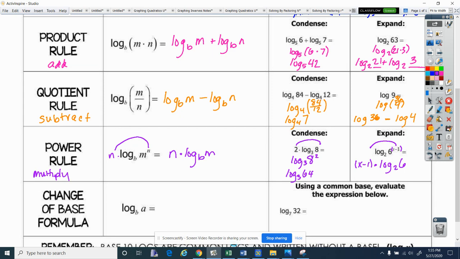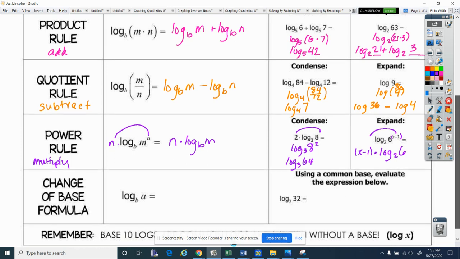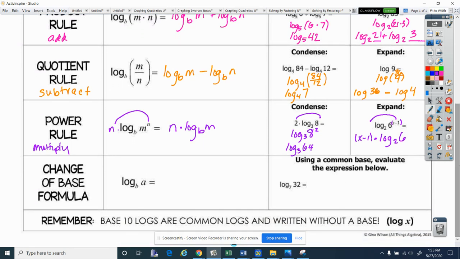Okay, so now the change of base formula, and this is the one where you almost don't really need to think at all, you just need to use your calculator. So log base b of a, we use this change of base formula to evaluate when that base chart we have doesn't work.